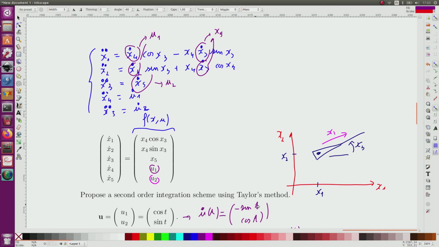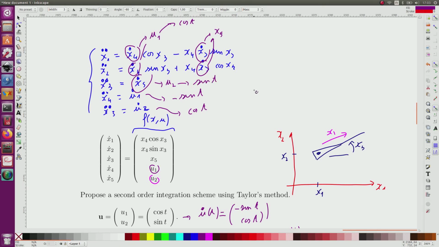So I can replace this one by minus sine of t, and this one by cos of t. Again, u1, which is here, can be replaced by cos of t, and u2 here can be replaced by sine of t.